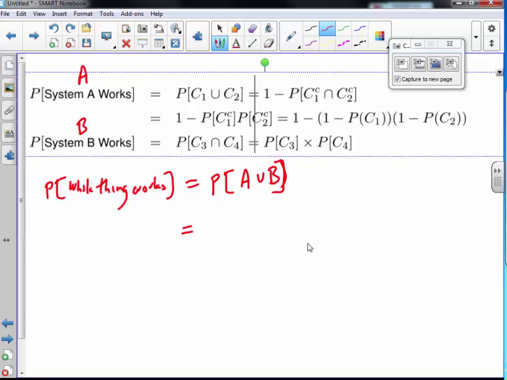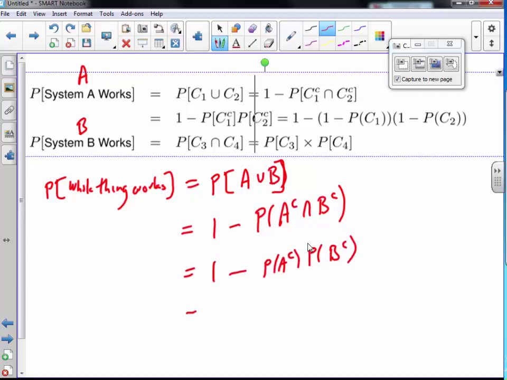Well, that's going to be 1 minus the probability of A complement intersect B complement. So we get 1 minus probability of A complement times the probability of B complement. And finally, we get 1 minus the probability of A times 1 minus the probability of B, just as we have up there.